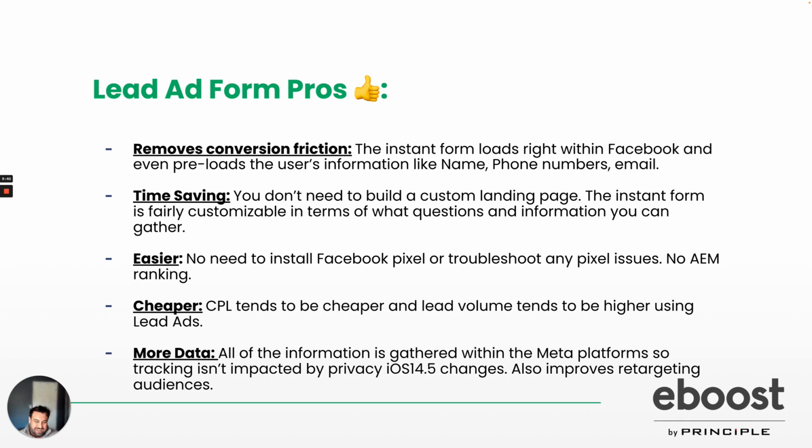So again, when given that tight choice, the algorithm will tend to deliver more of these types of ads that keep the user on platform. It just is helpful for Meta.